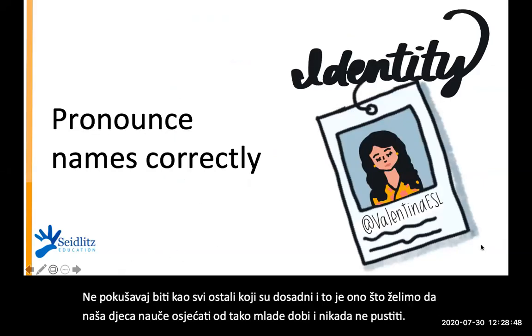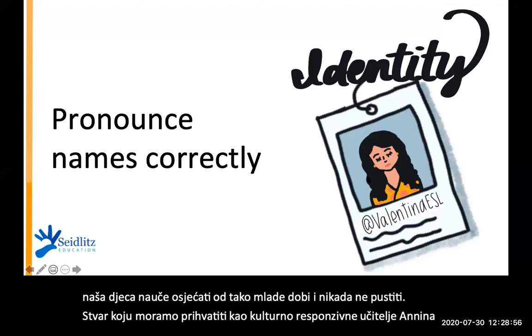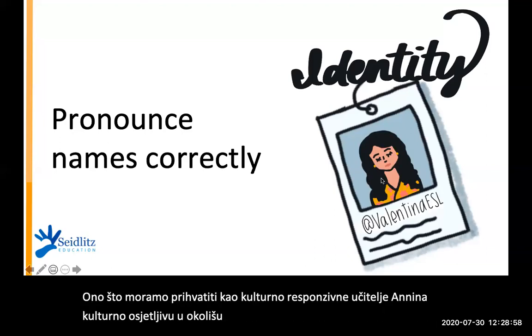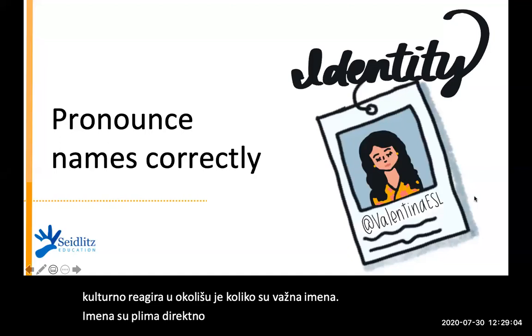Next thing we have to embrace as culturally responsive teachers and in a culturally responsive environment is how important names are. Names are tied directly to our identity, and pronouncing them is critical for our students.